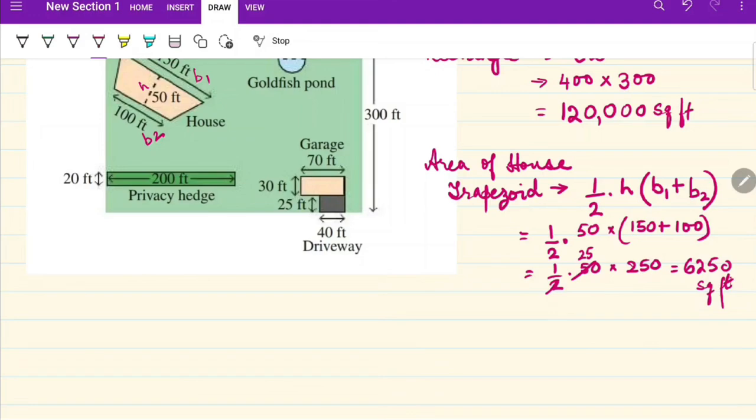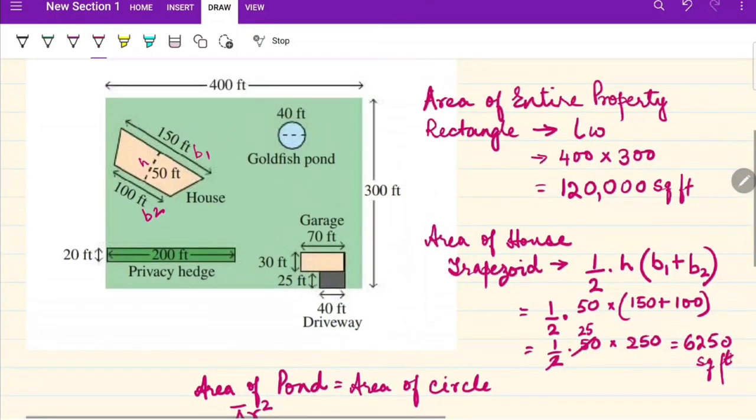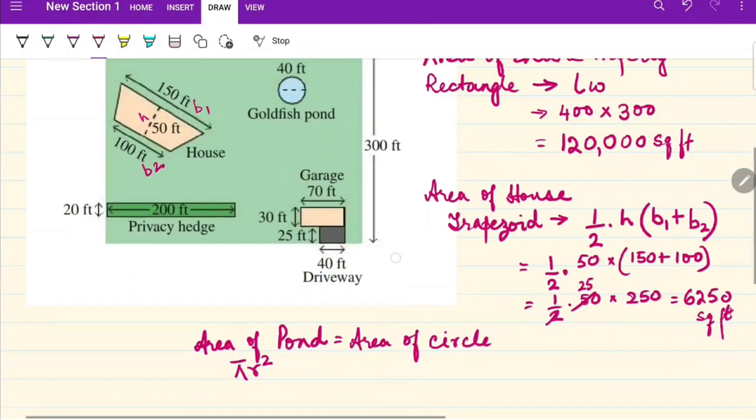So area of the pond is equal to the area of a circle. The formula to find the area of a circle is pi r squared, r being the radius, correct? We are given over here the diameter of the pond, which is 40 feet.